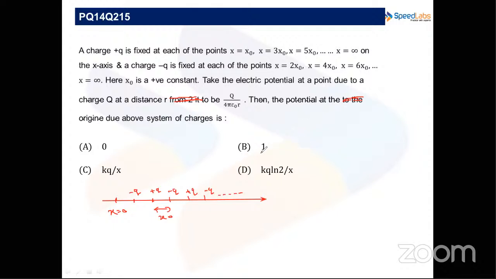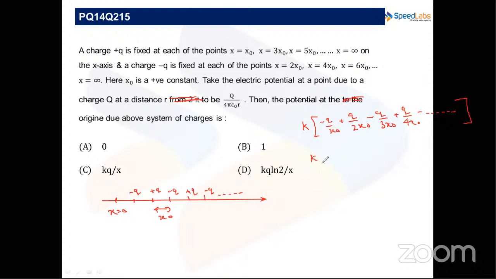So what is the total potential at the origin? Let's start writing, just kq by r. For the first charge we write minus q by x naught, for the second it is plus q by 2x naught, for the third it is minus q by 3x naught, for the fourth it is plus q by 4x naught, and so on.